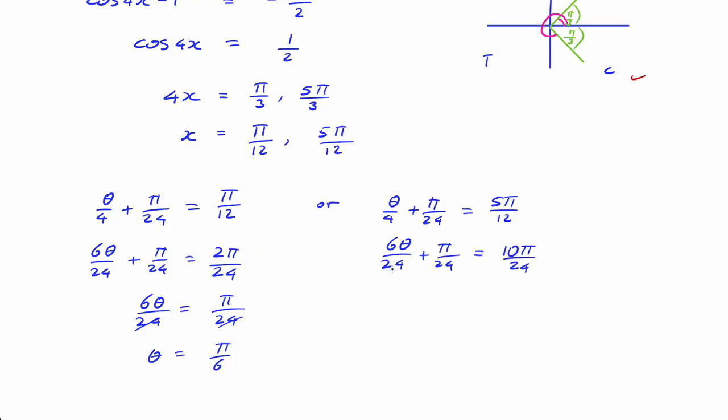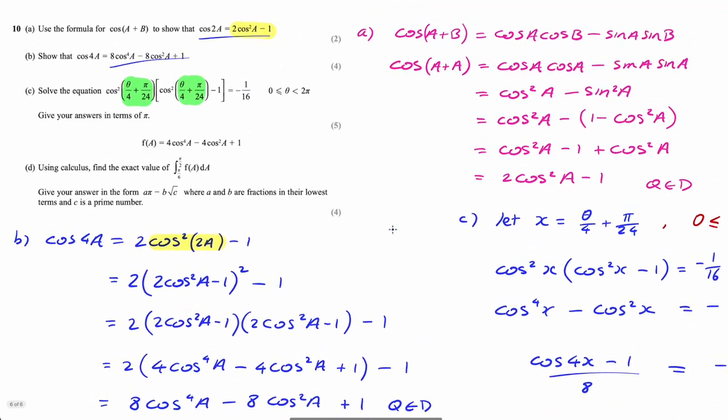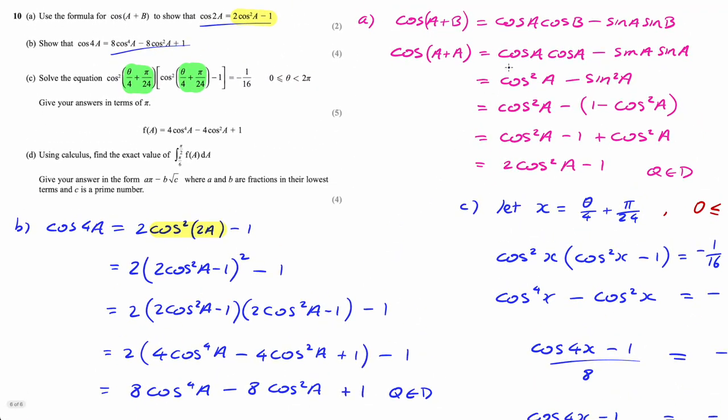You can actually get rid of all the 24s if you want. 6 theta equals 10 pi minus 1 pi, which is 9 pi, and theta is therefore 9 pi over 6, which is 3 pi over 2. Okay, really, really difficult question, guys. So just so you know, that is part C. I'm going to stop there and do part D in the next video.